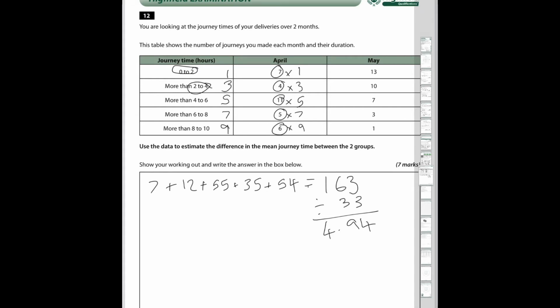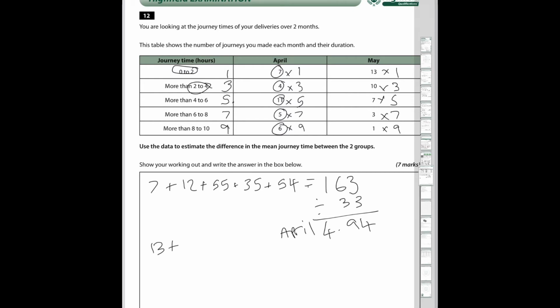It's asking you to estimate the difference, so we now need to work out May. We do exactly the same with May. We've got 13 times 1, 10 times 3, and using these numbers again, 7 times 5, 3 times 7, and 1 times 9.